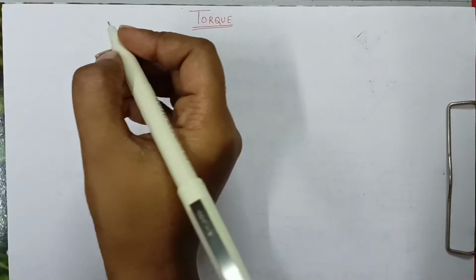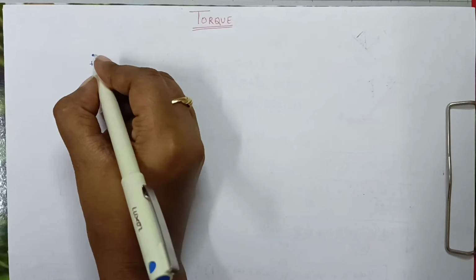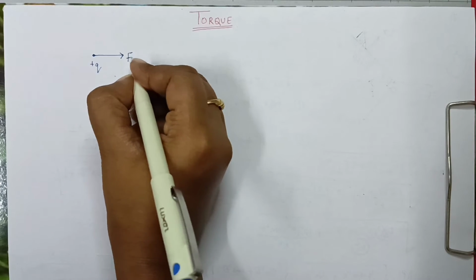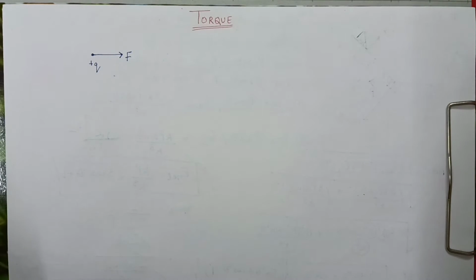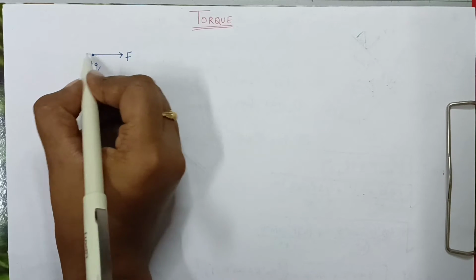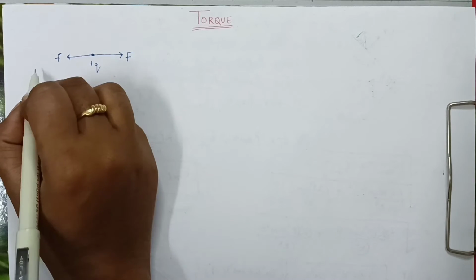Suppose we have two equal and opposite forces having the same line of action. Now what do I mean by same line of action? Suppose we have a plus q charge here and some force F acting on this point charge plus q in this direction, and a similar force with the same magnitude F is working in the opposite direction.